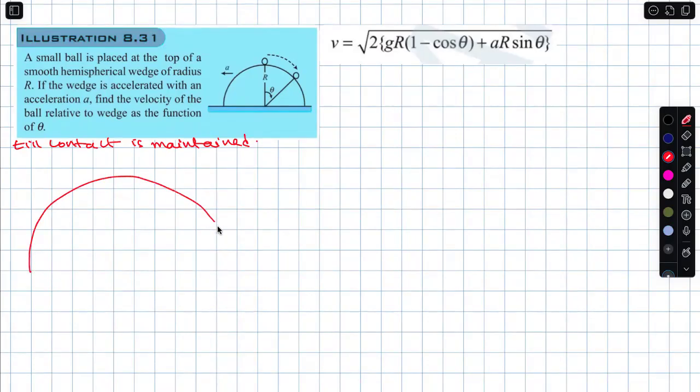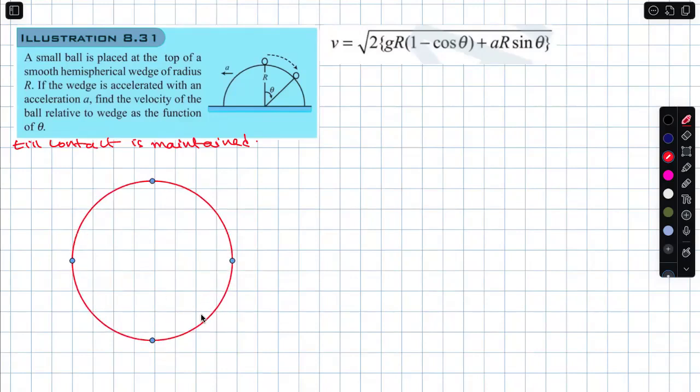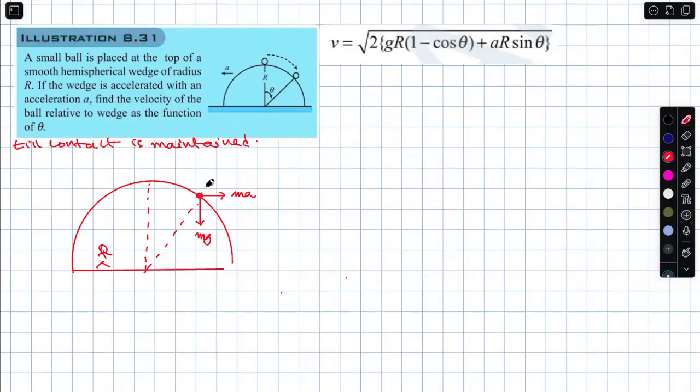See, in the reference frame of the wedge, these are the two different forces plus the normal reaction force, and with all these, we relate.